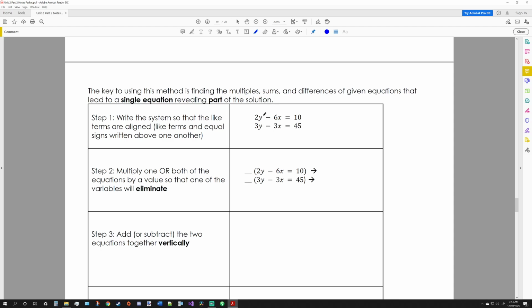So if we look at the first step, we have to make sure that the terms are all lined up like this, right? So the y terms are lined up vertically, x terms are lined up vertically, and then the constants, the numbers, are over here vertically. So line everything up vertically.